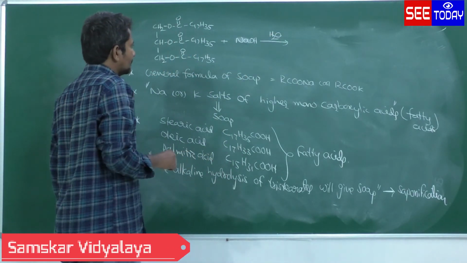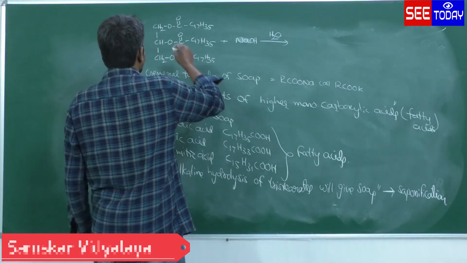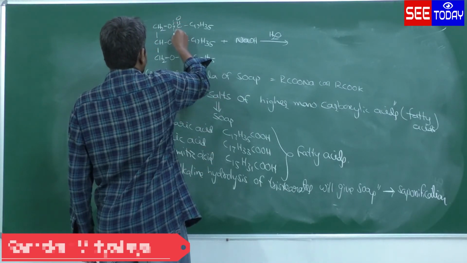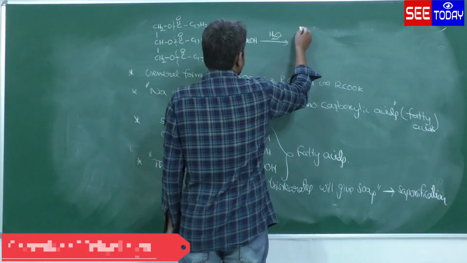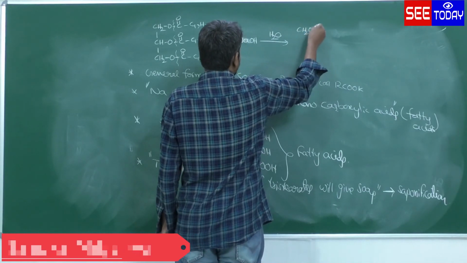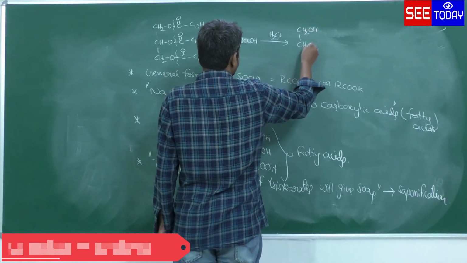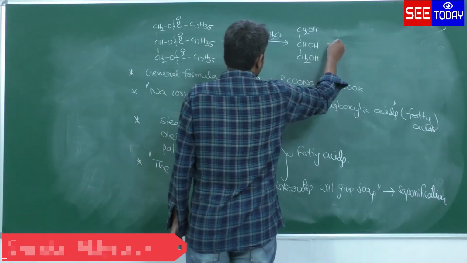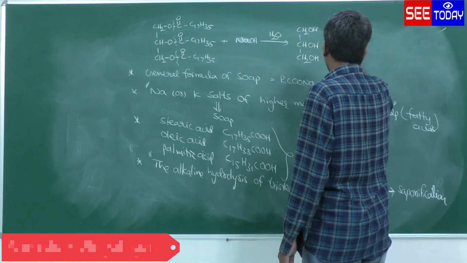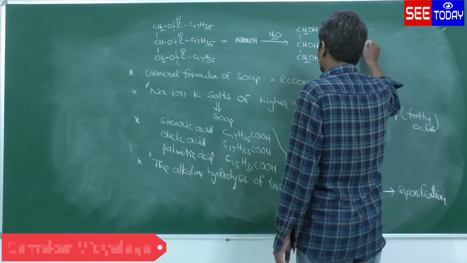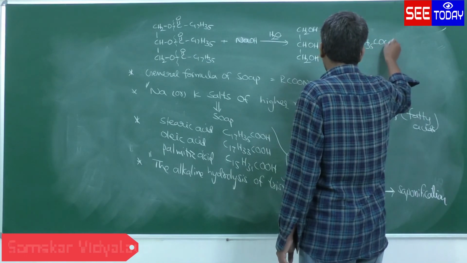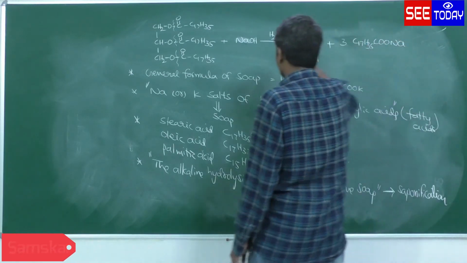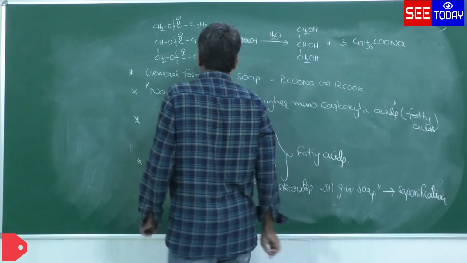Then the cleavage takes place between these two. It gives CH2OH, CHOH, CH2OH plus three molecules of C17H35COONa, taking 3 NaOH.